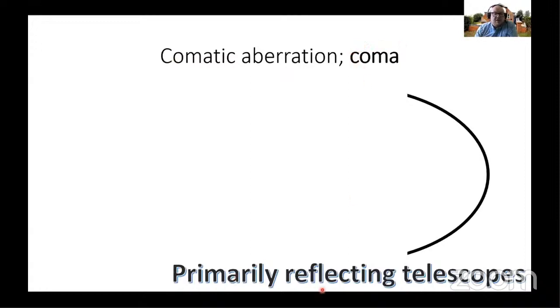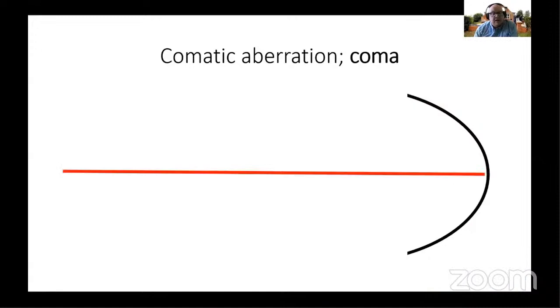And this again, primarily reflecting telescopes, but affects other systems to an extent. Here we've got a parabolic mirror, because now we're thinking about modern telescopes, modern reflectors. They've got primarily parabolic mirrors. And here is the optical axis. So this is where the light, this is light hitting the center of the mirror at right angles.